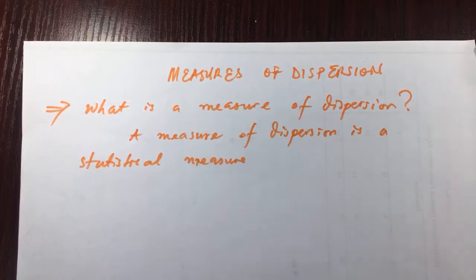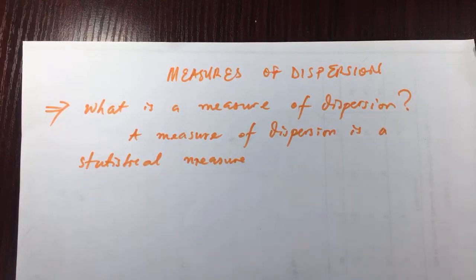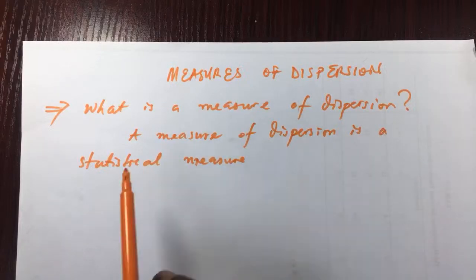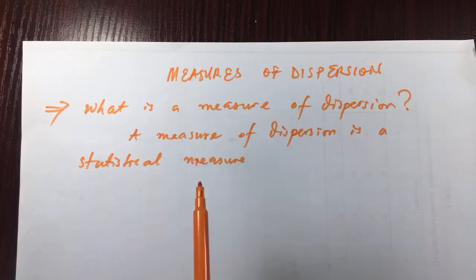But what makes a measure of dispersion unique? What makes a measure of dispersion separate from every other type of statistical measure? It will be wrong of me to say and stop here that a measure of dispersion is a statistical measure. So the question is, what kind of statistical measure is a measure of dispersion?